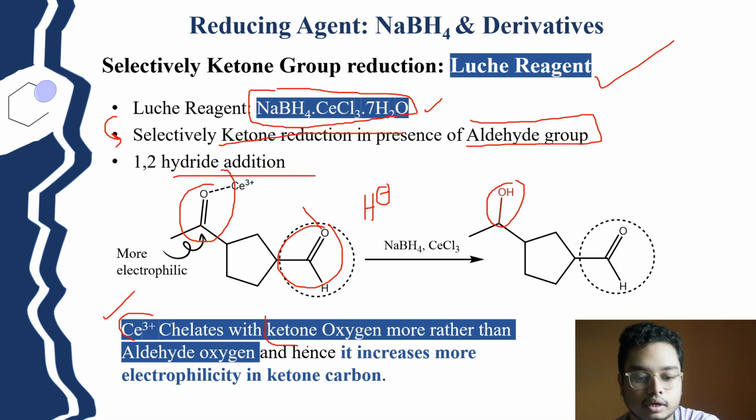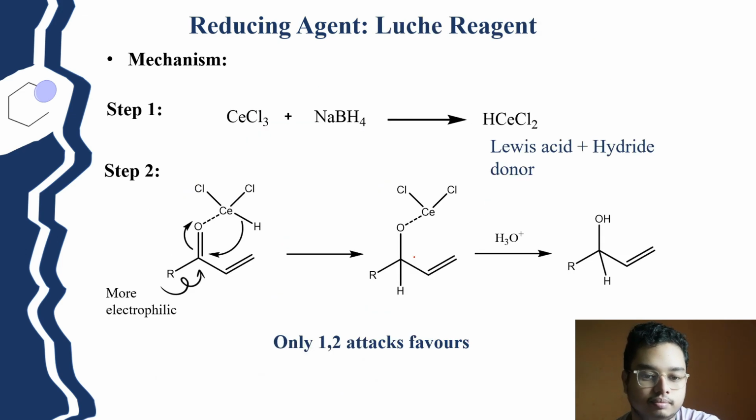This is very important, and why, we will discuss in the subsequent slides. But remember that in the Luche reagent, the cerium chelates more with the ketone oxygen than the aldehyde oxygen, and hence the electrophilicity of the ketone carbon is increased, and hence this particular transformation is observed.